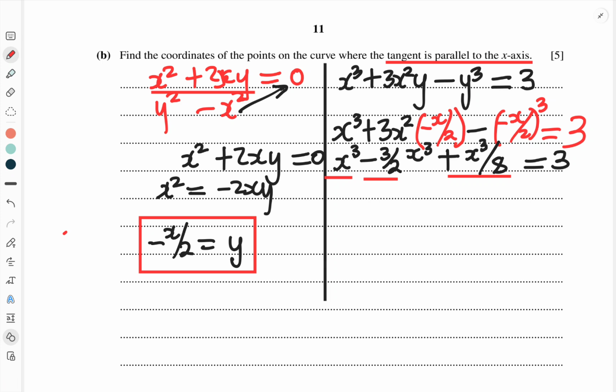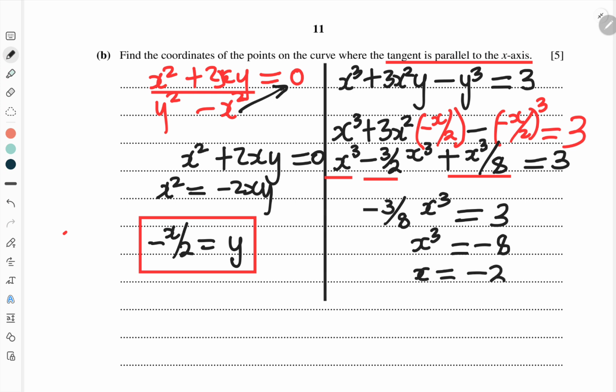What's that going to give me? Let me get that from my calculator. I get negative 3 over 8 x cubed, and it's equal to 3. Then I divide both sides by negative 3 over 8, and I get negative 8. So x cubed is equal to negative 8, which means my x is negative 2.